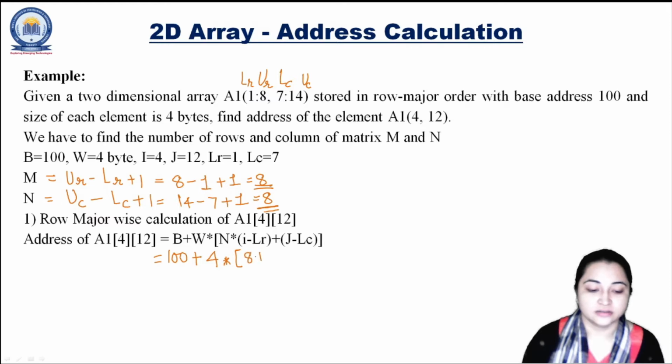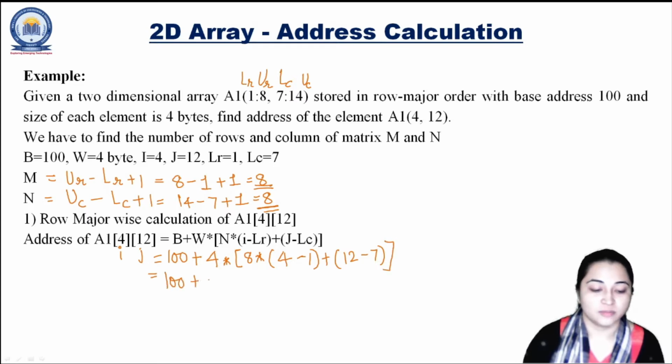So 8 into the given value of i, which is 4 and j is 12. So i would be 4 minus lower bound of row 1, so 4 minus 1, plus the given column index j, 12, minus lower bound of column, which is 7.